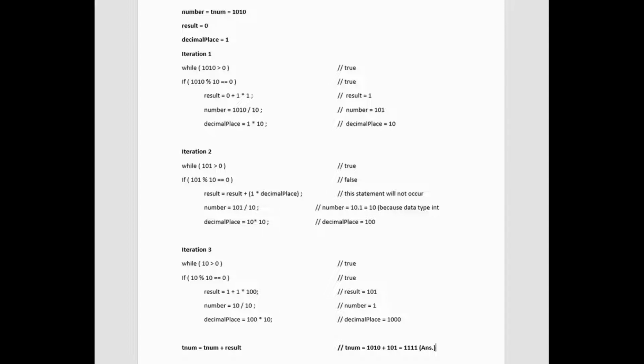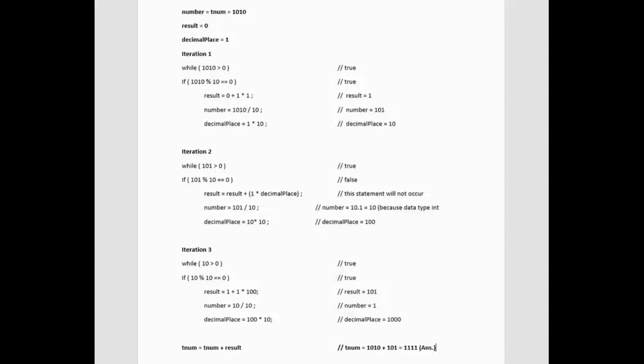So first what we will do is initialize the result with 0 and give the decimal place equals 1. You just check the highest decimal place of the given number. It is 1010, so the highest decimal place for this number is 1000.